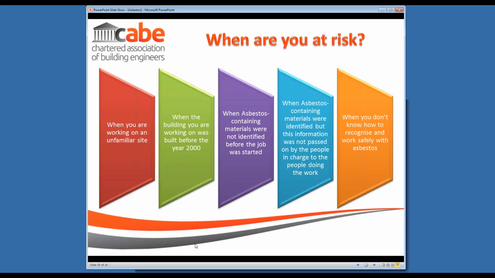One of the other problems is that we do tend to regulate the industry in terms of the extent that work can be done without going through a formal licensed notification process, and it tends to be low level work where you're likely to be exposed, and obviously depending on the extent of that exposure, the frequency, the duration, that can potentially present you with a risk.